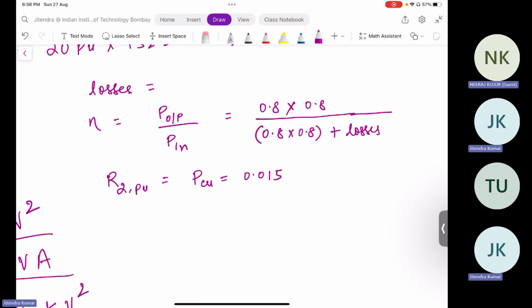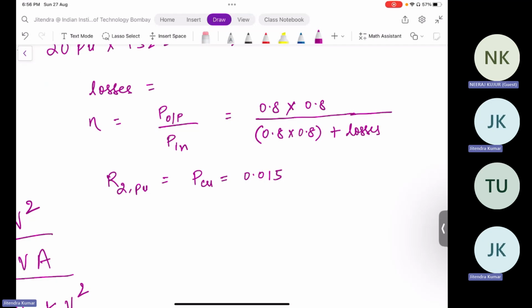Yes sir, R2 per unit was 0.015. So will it be this value? Is it correct? That's what I'm asking. No, sir.